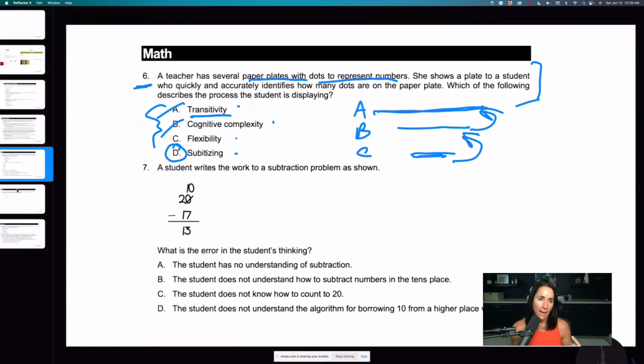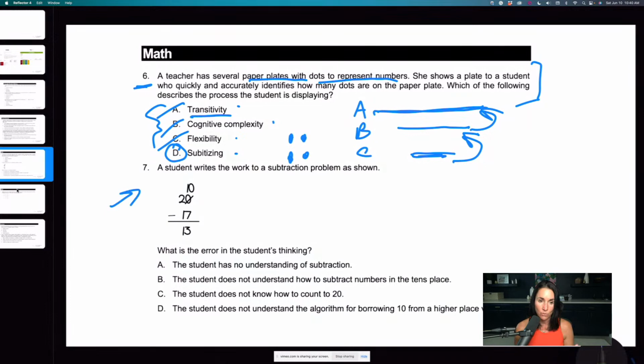You might have showed them how to deconstruct the fraction. There are all different ways to solve math problems, and having that flexibility is very important in math because it's going to help you do one thing or the other. But that's not what's happening here. Students know when they see the paper plate with dots on it like this, they go 4 really quickly. That's subitizing.